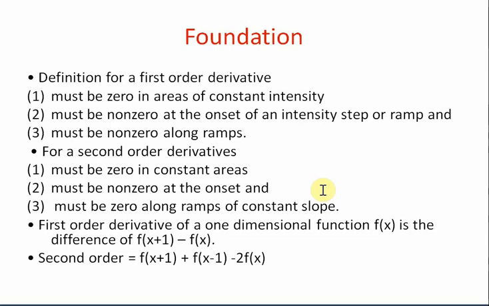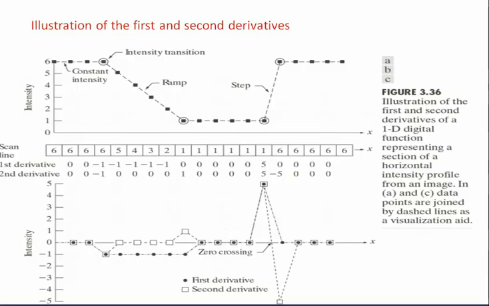That means d by dx of f of x comma y is nothing but, here y is constant, so f of x plus 1 comma y minus f of x comma y. And d by dy of f of x comma y is nothing but f of x comma y plus 1 minus f of x comma y. Like that, you put the constant variable here. Okay, so that's the only difference. The next one is the illustration of the first and second order derivatives.